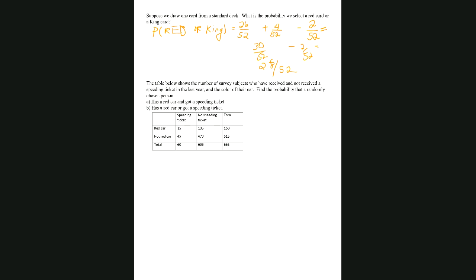So notice this is "and" here. So we need to find the probability that the person has a red car and got a speeding ticket. Right now, let's think about this. Are these events independent?